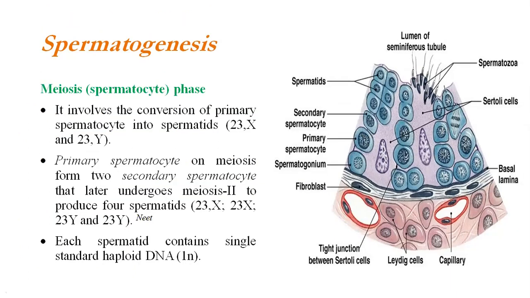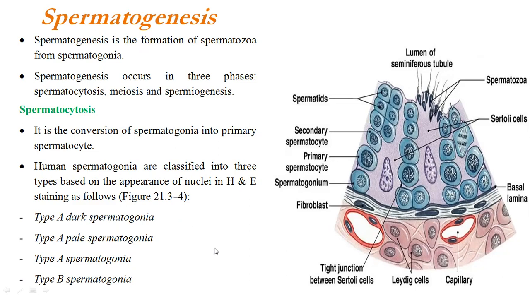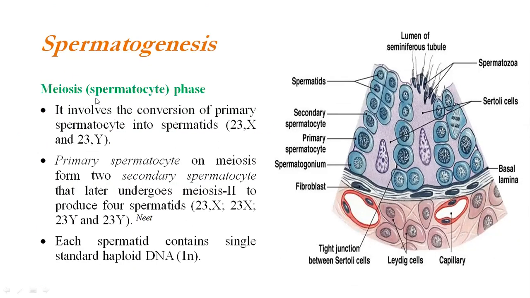Okay. So the next stage we have is meiosis. So meiosis, the spermatocyte phase, involves the conversion of primary spermatocytes into spermatids. Okay. So the chromosome number is now halved. One spermatid will receive 23X and the other 23Y. Then the primary spermatocyte in meiosis 1 forms 2 secondary spermatocytes that later undergo meiosis 2 to produce 4 spermatids.